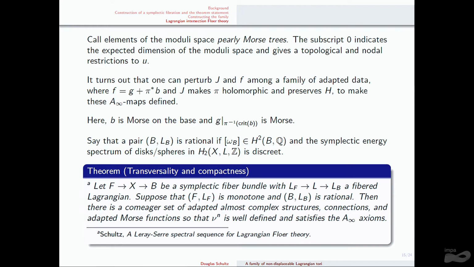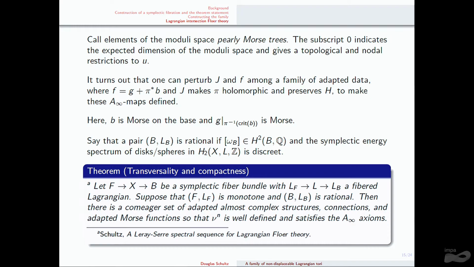Okay? And then you can get off the ground with just varying these 3 parameters here and these 2 guys here, these Morse input data. So if you have a symplectic fiber bundle and a fibered Lagrangian where the fibers are monotone and the base is rational, then there's a co-meager set of adapted data along these lines.